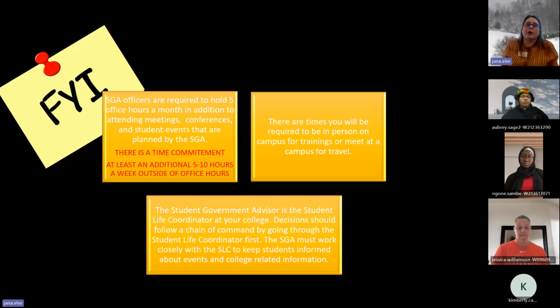So there are a lot of requirements. Some of the requirements are you're required to hold 5 office hours a month, in addition to attending meetings, conferences, and student events that are planned by the SGA. So there is a time commitment, usually 5 to 10 hours a week outside of office hours, and that's something you should really ask your fellow officers about.